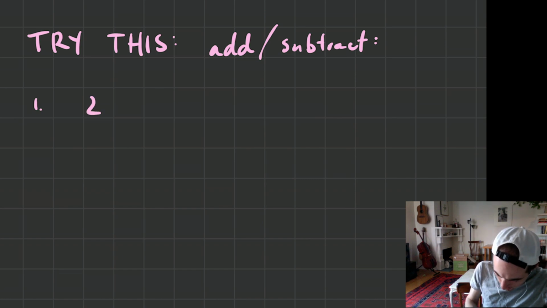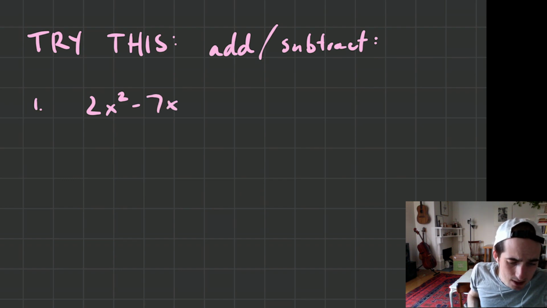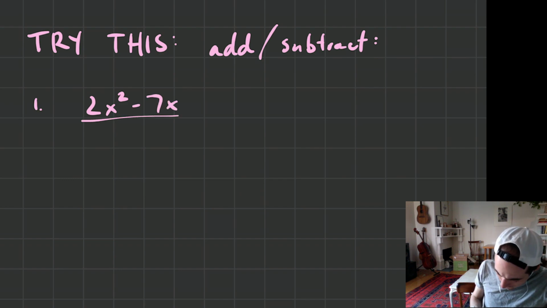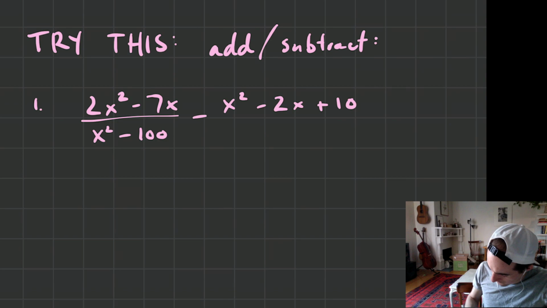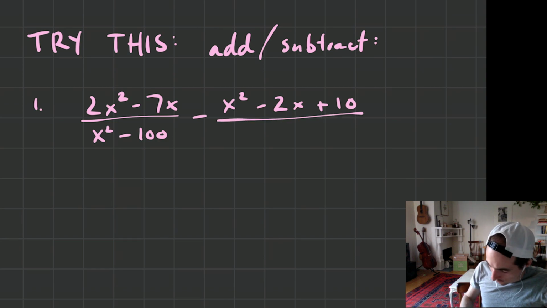So I've got 2x squared minus 7x, all over x squared minus 100, and we're going to subtract x squared minus 2x plus 10, all over x squared minus 100.